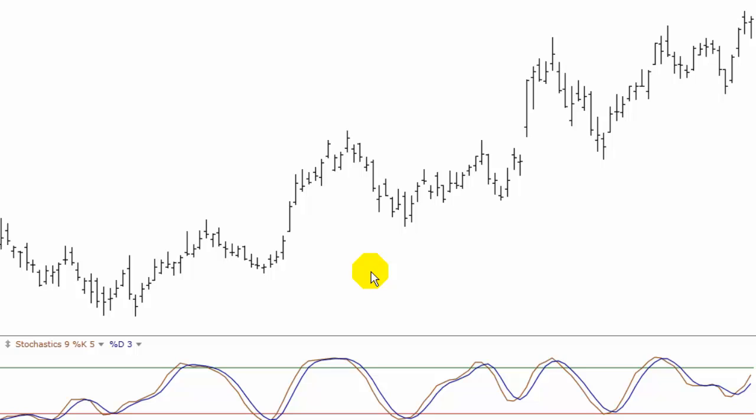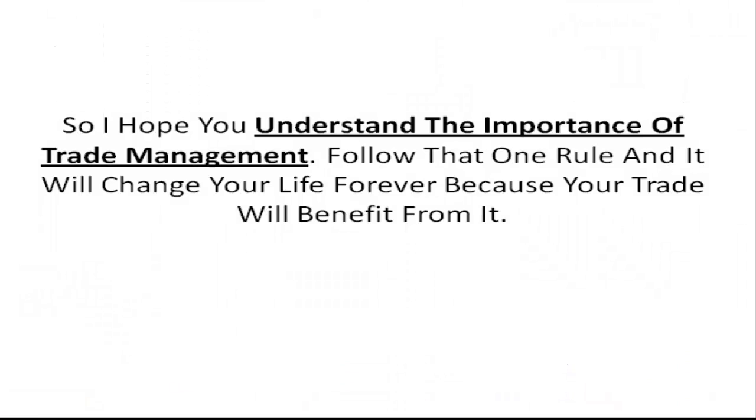So I hope you've enjoyed this. These are two simple things you can do right now which are going to improve the way you manage your trades. I hope you understand the importance of trade management. Follow that one rule you just learned right there and then, and it will change your life forever because your trading will benefit from it.